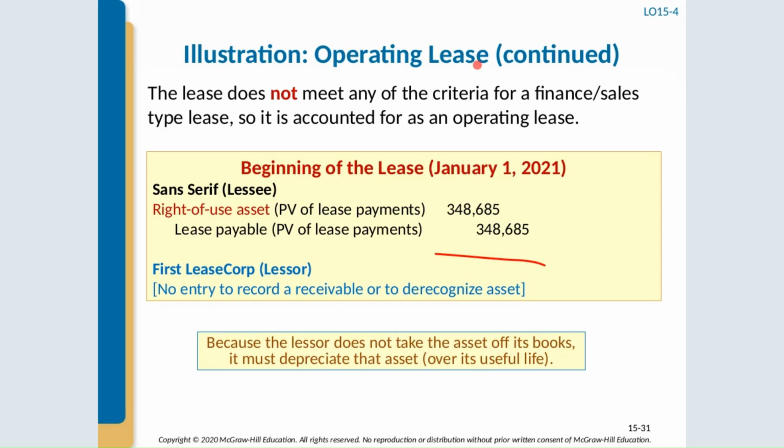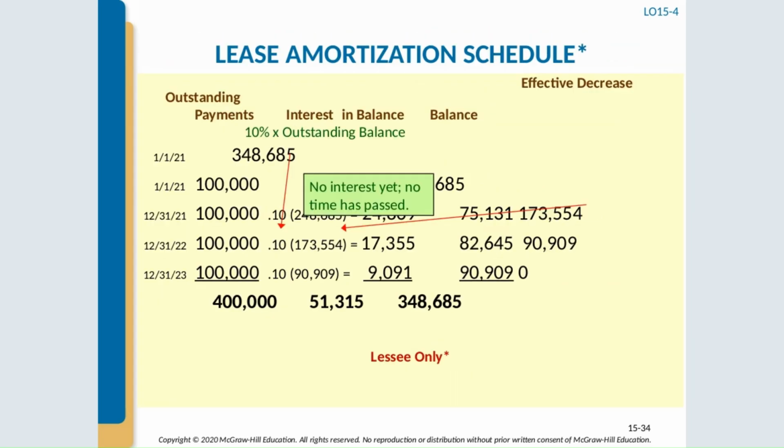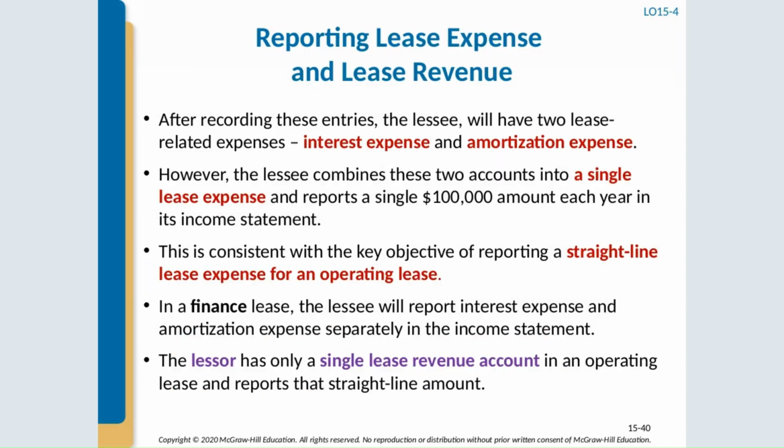But when it comes to operating leases, there's no entry for that because we're not going to get rid of the asset. We're still holding the asset in our balance sheet if we're the lessor. Okay. So again, we'll revisit this in just a few minutes as we go through the assignment.